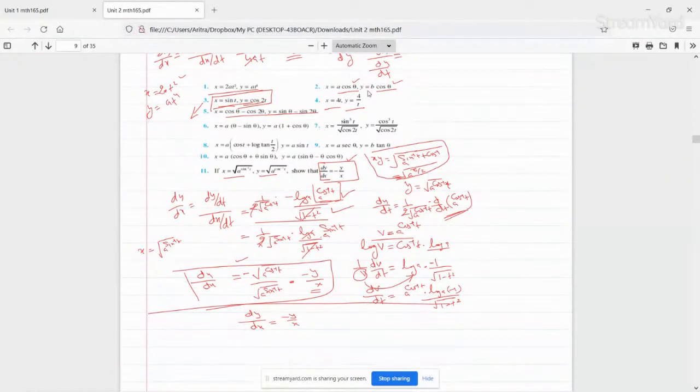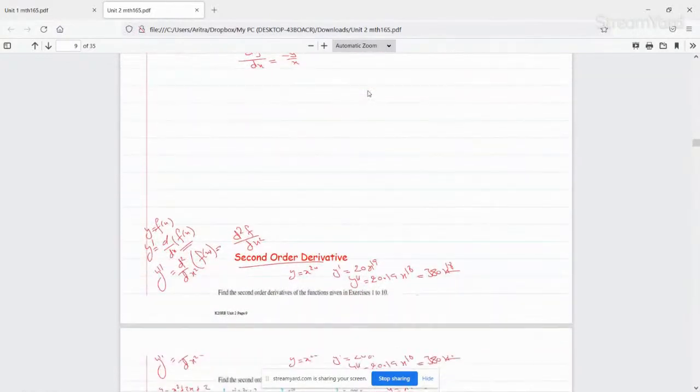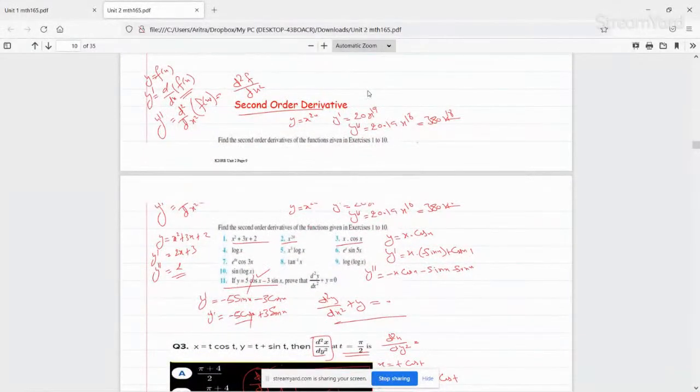Then we will divide it, dy dx. So the answer will be b by a, and you will get it. Okay, done. Parametric also. Then second order derivative.